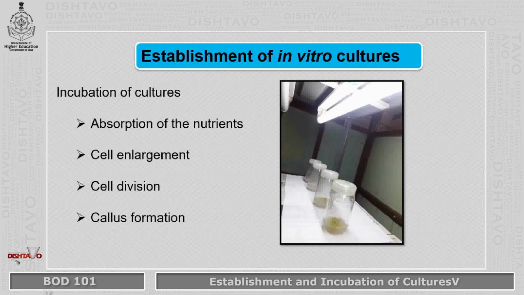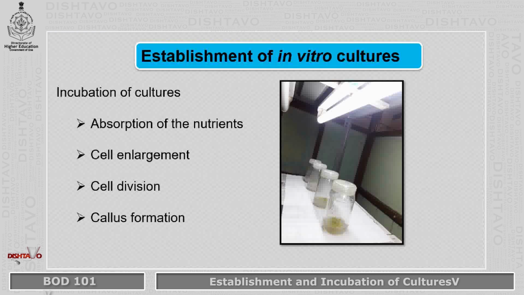Now we will learn about the establishment of in vitro cultures. So once the explant is inoculated on the nutrient medium, then that culture vessel is brought into the culture room wherein all the ideal conditions are provided, such as temperature, the photo period, and the relative humidity.